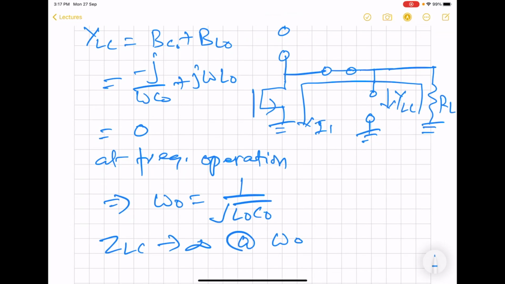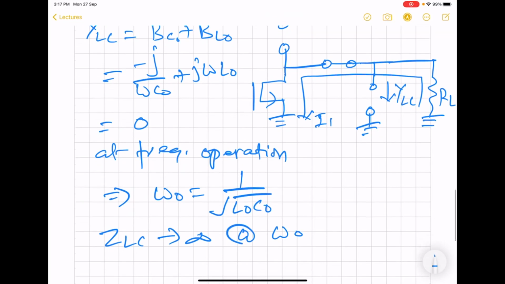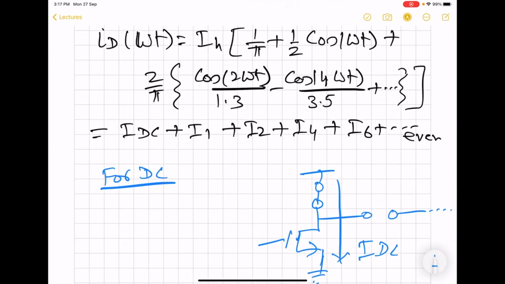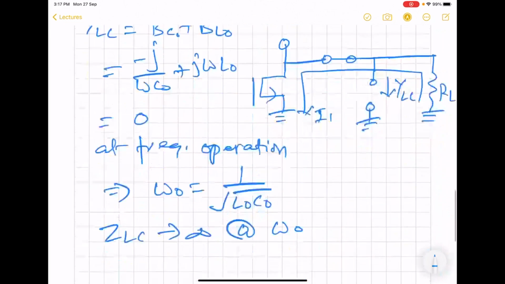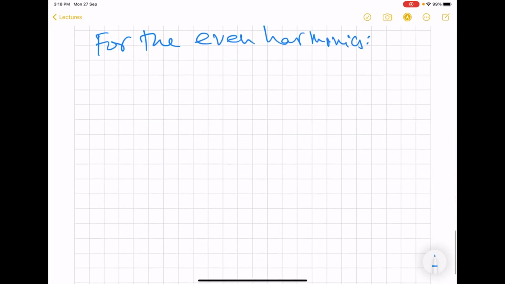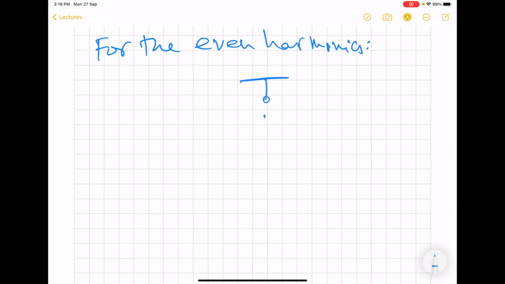So what happens to the other harmonics, higher order harmonics? Here we will be calling these as I even harmonics. So they will be flowing through this LC network. In fact, for the even harmonics, RFC will again be open circuited, and blocking capacitor will be short circuited.